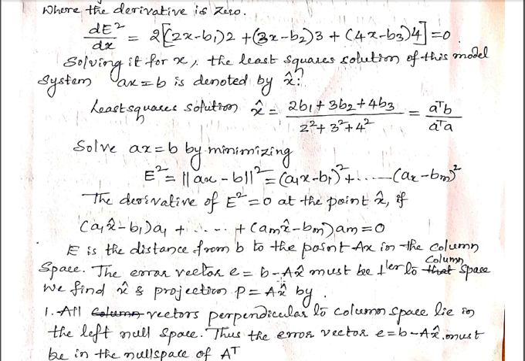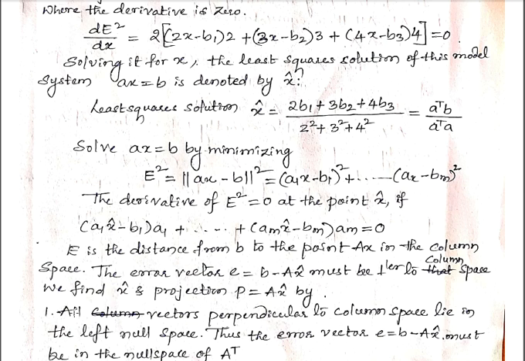Similarly here, AX cap minus B is our error and A1 is the column space, and as the result has to be 0, this indicates that the error vector E must be perpendicular to the column space.